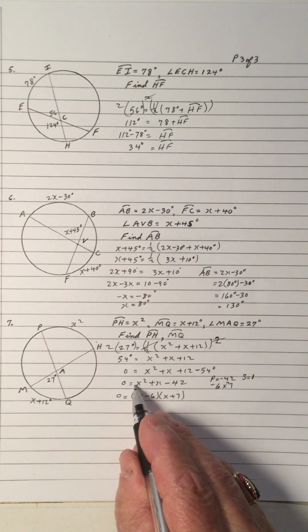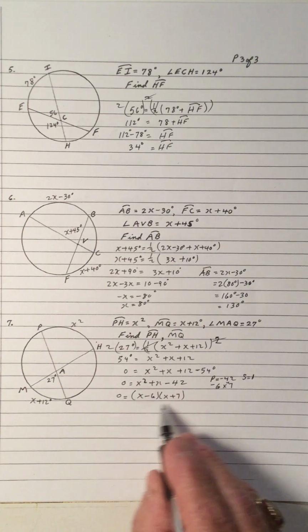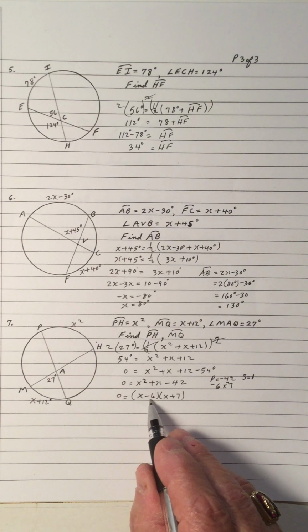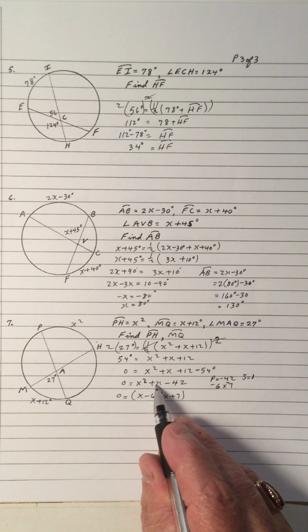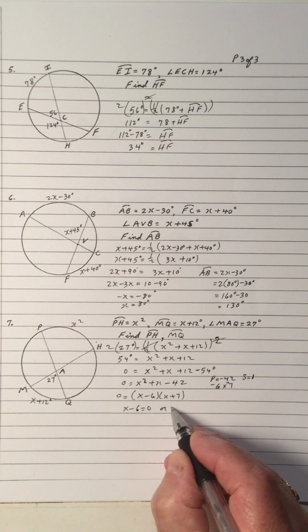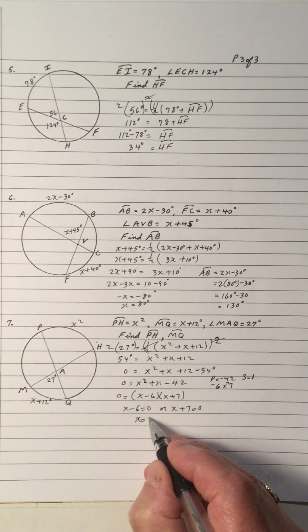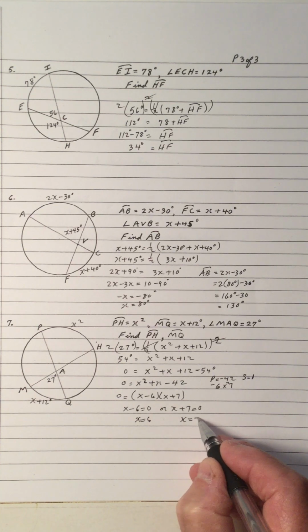Because that's a 1, it's easy: multiply, negative 6 and 7 is negative 42, add is 1. So x minus 6 equals 0, x plus 7 equals 0, so x is 6, x is negative 7.